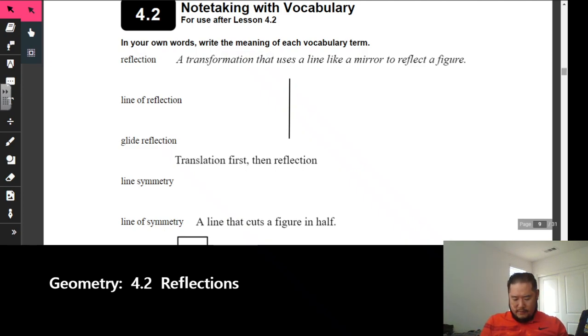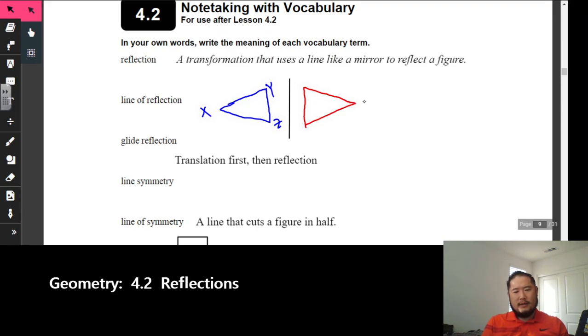So let's go ahead right here. If you look at your screen, there's a line right here, and that will represent my line of reflection. And over here to the left, let me go ahead and draw a triangle. And let me go ahead and call this triangle X, Y, and Z. So if I were to reflect this across the line of reflection there, then it would look something like this on the other side.